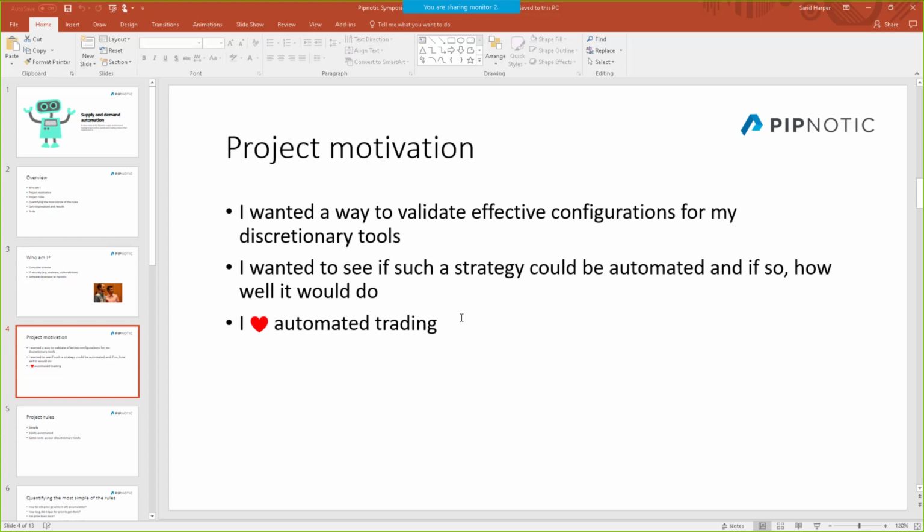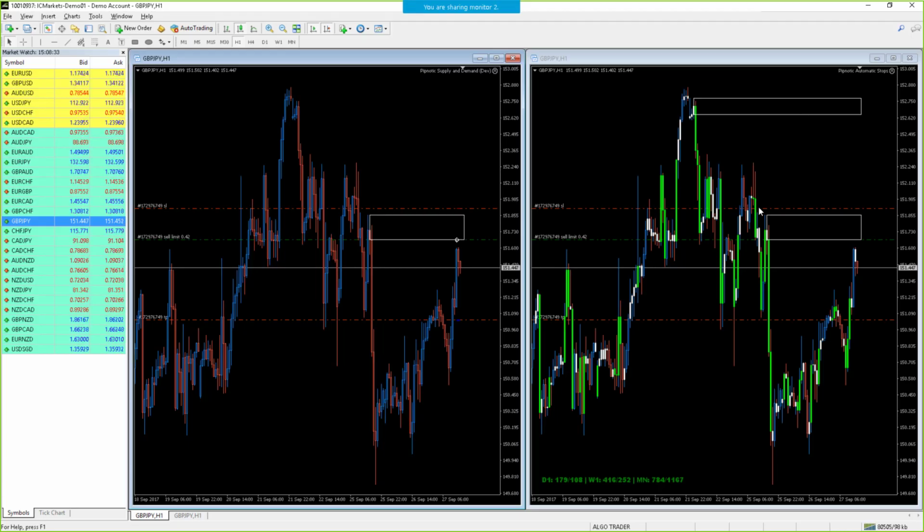Okay, let's have a look at the project motivation. My motivation to write this utility, or this automated trading robot, is I wanted to validate effective configurations for my discretionary tools. If we have a quick look here, you can see that on the right side I have these discretionary tools that are running. On the left side, I have the robot, and so I wanted to try and validate some of the parameters in my discretionary tools.